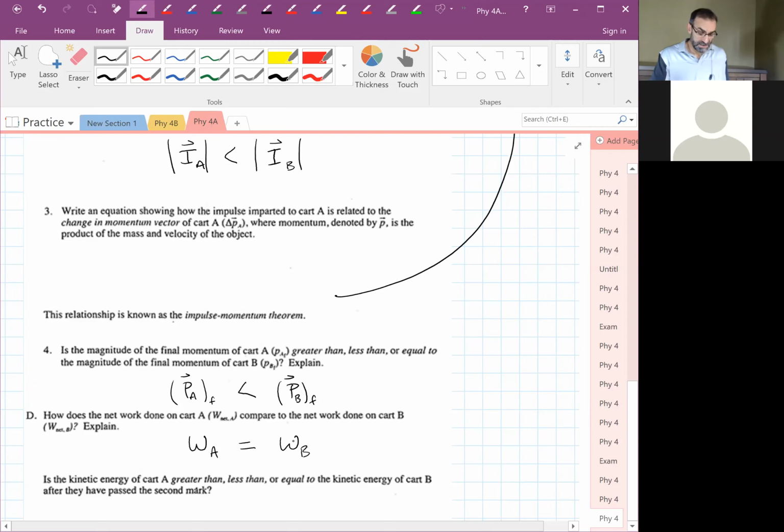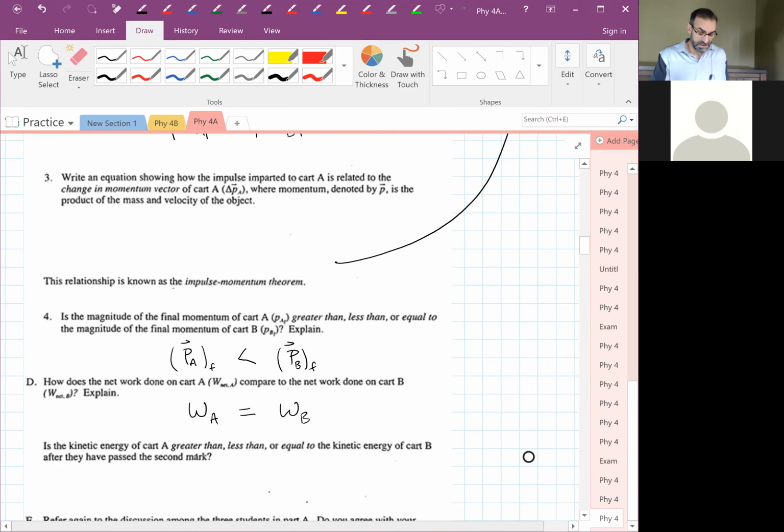Is the kinetic energy of cart A greater than, less than, or equal to the kinetic energy of cart B at the end?